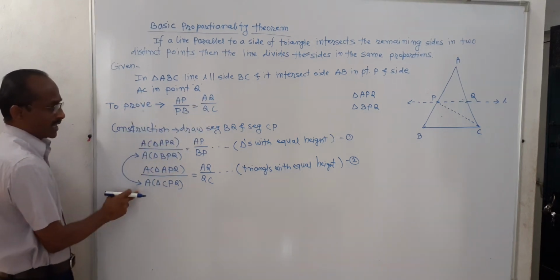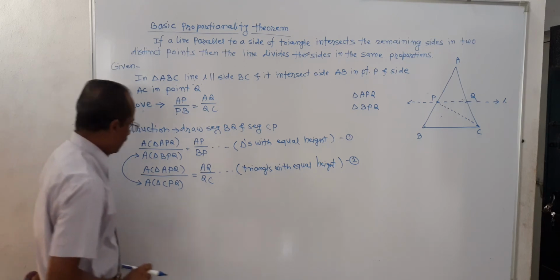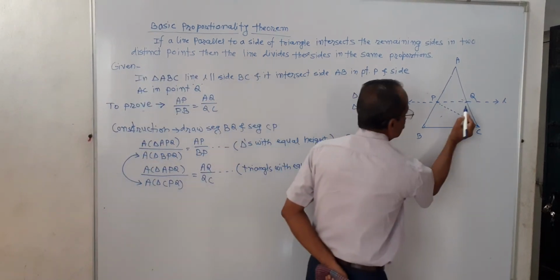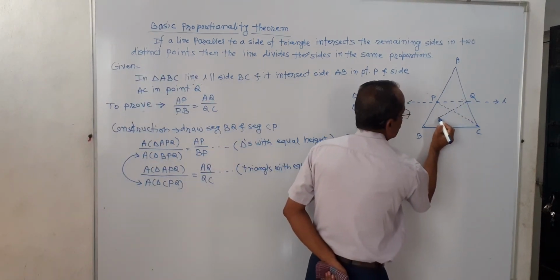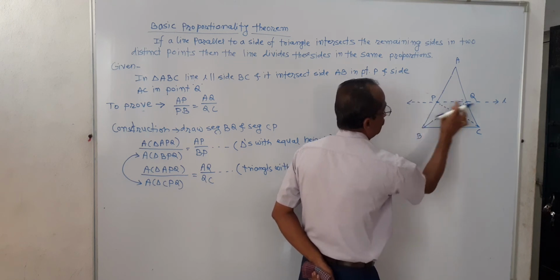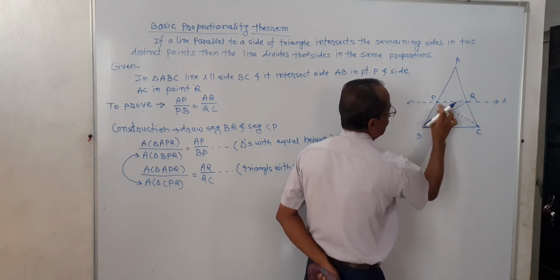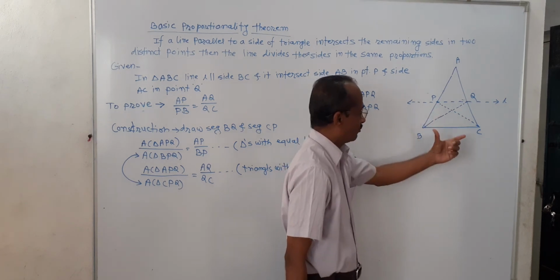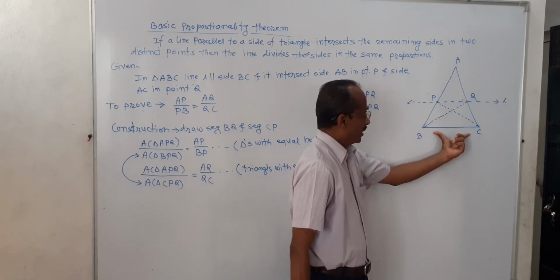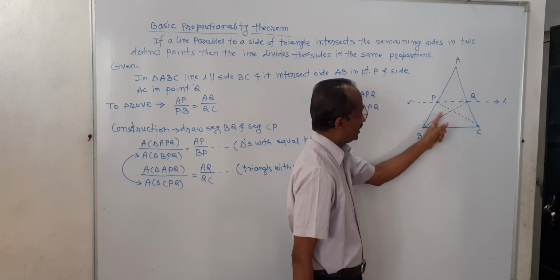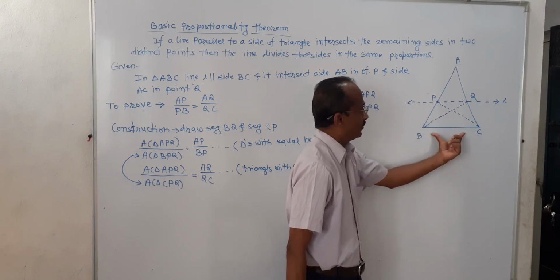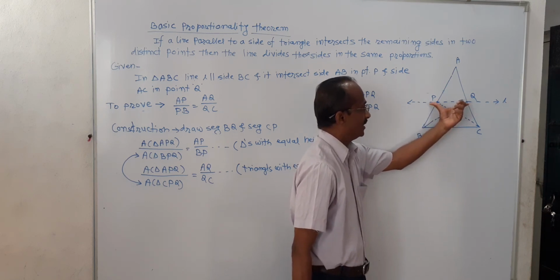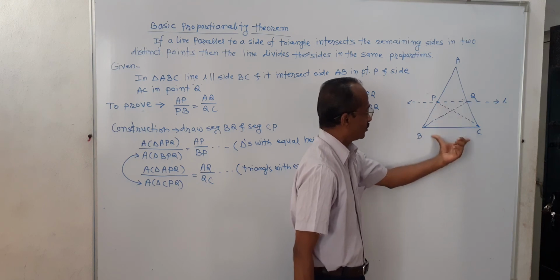Now see these two triangles in our figure, BPQ and CPQ. These two triangles have the equal base BC, and they stand in between two parallel lines, BC and line L. These two lines are parallel to each other.